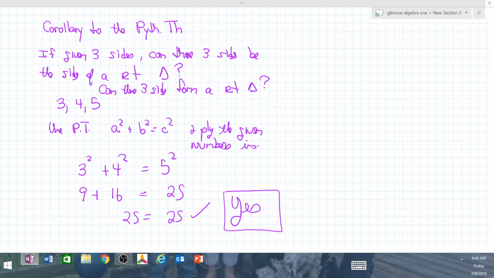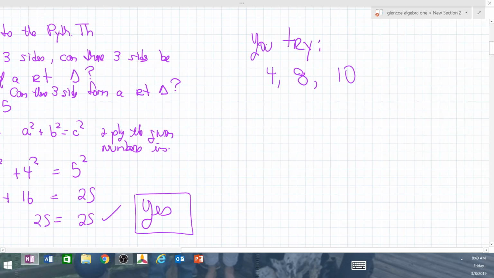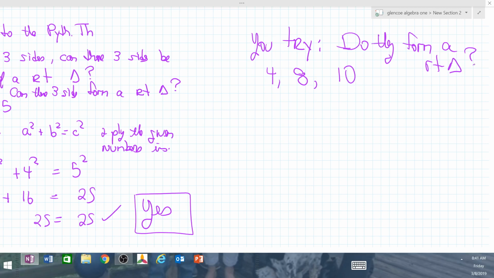So let's do another example. Let's have you guys try one. So here are my three sides. 4, 8, and 10. Go ahead and use our calculators, plug those numbers in.